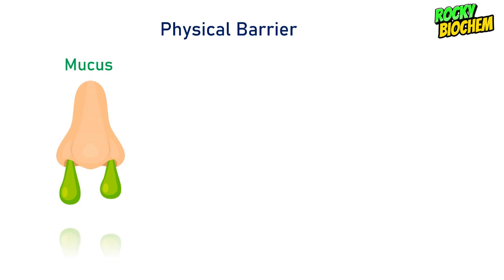By so doing, it prevents the microorganisms from entering the body. And aside from that, the ear produces earwax, which has the ability to trap dust particles and other dirt that might possibly contain microorganisms.